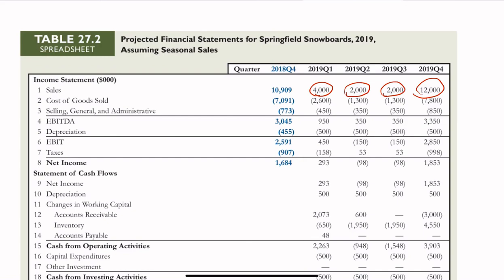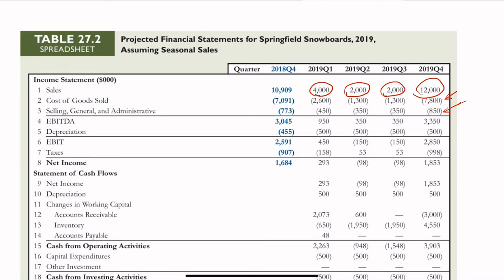Accordingly, we will have different COGS, right? And then we assume SG&A is roughly the same, because SG&A really acts like a fixed cost, right?